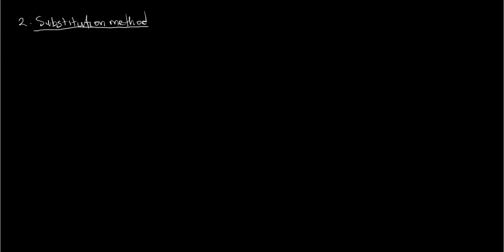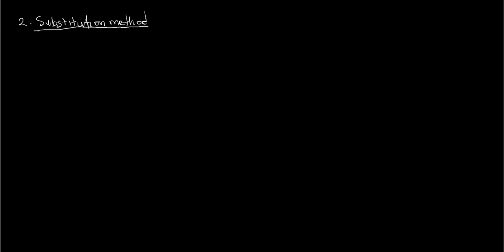Then we substitute what we just made the subject of the formula into the second equation as the second step. The third step, we solve the resulting equation that appears from step 2, and then the fourth step, we use the answer we got from the third step to substitute into one of the equations and try to get the other variable.